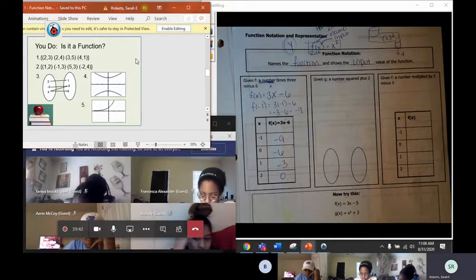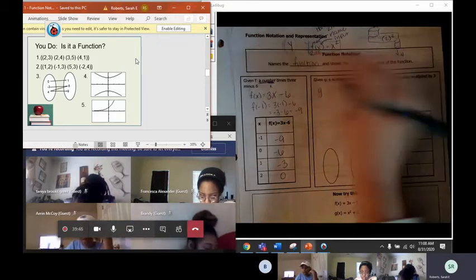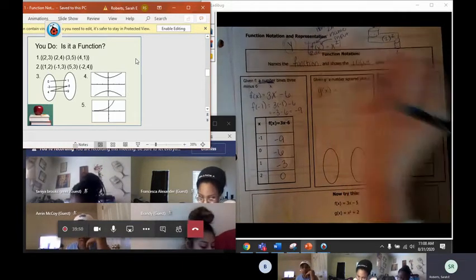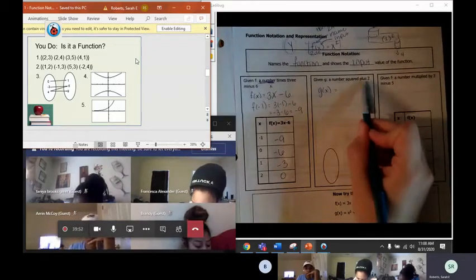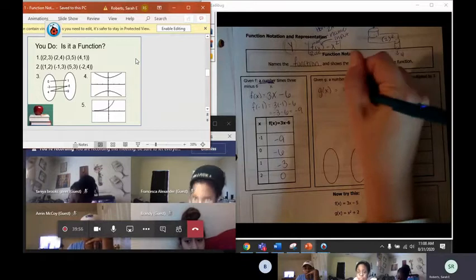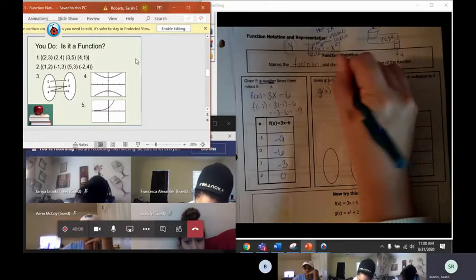Okay, and in the second box, we're naming our function g. Our input is going to be x, and it says it's a number squared plus 2. So we're going to take the number, which is x. When it says a number, it's talking about x.